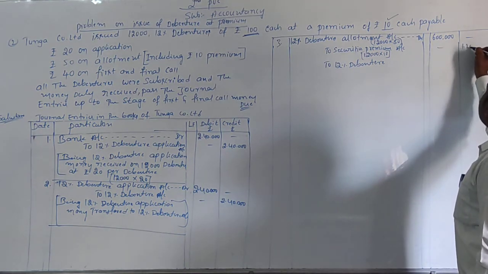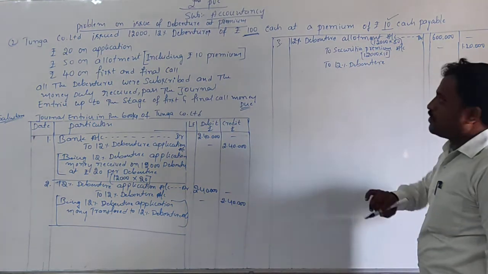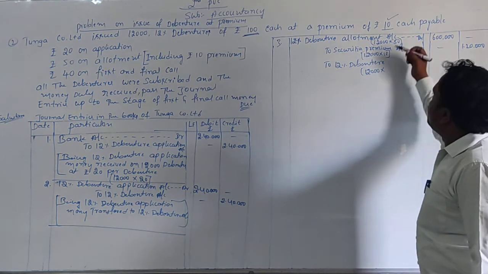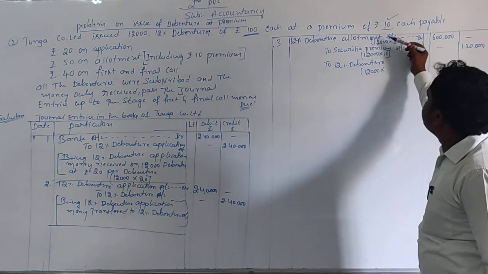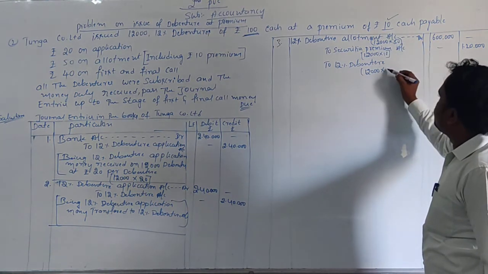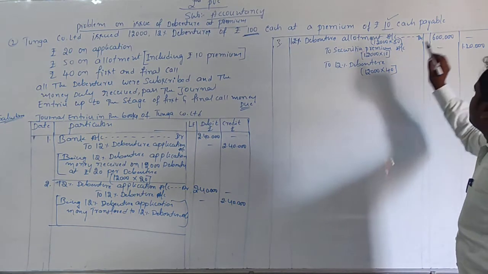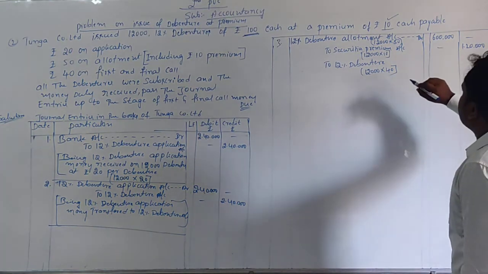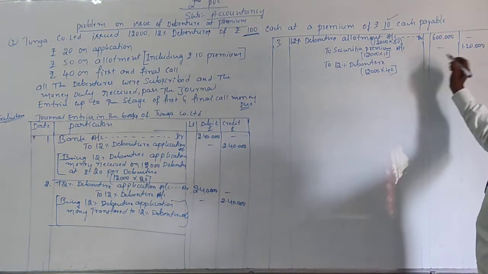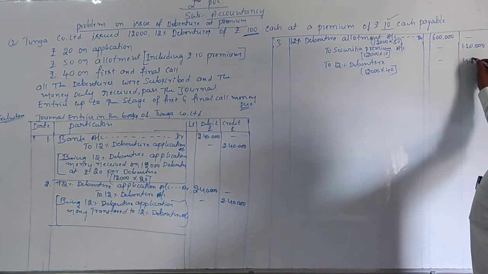Then debenture account: when securities premium is given it should be deducted from the debenture allotment account, 50 minus 10, 40. So 12,000 into 40, 4,80,000.